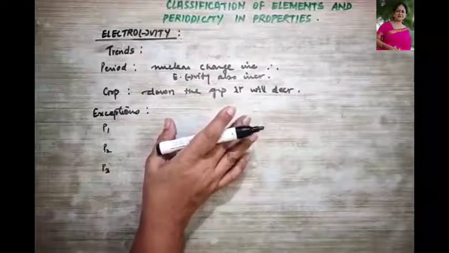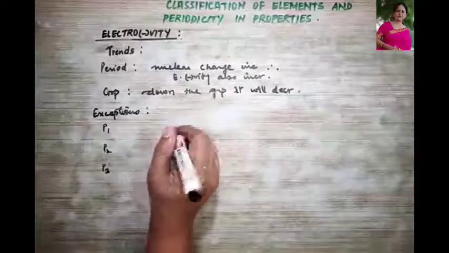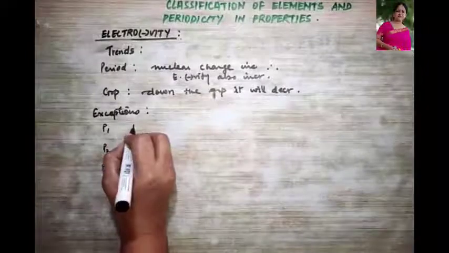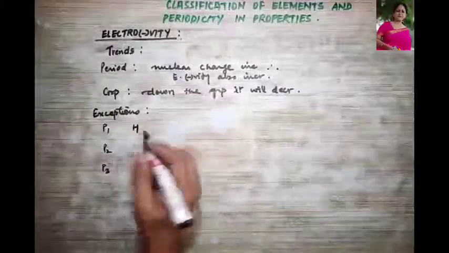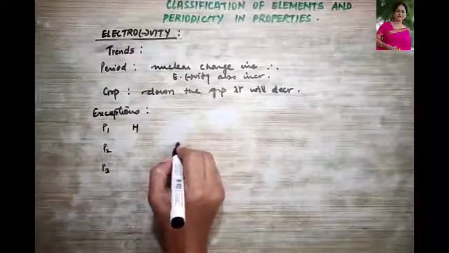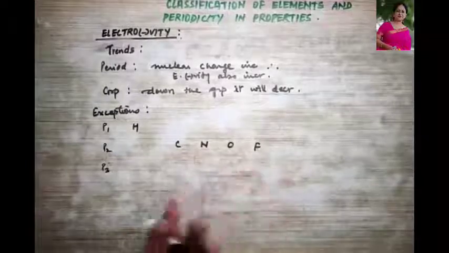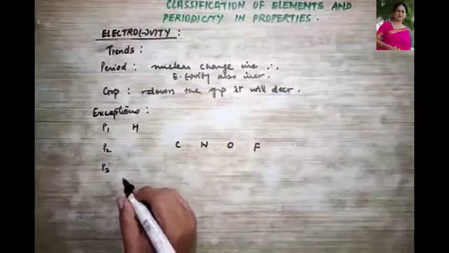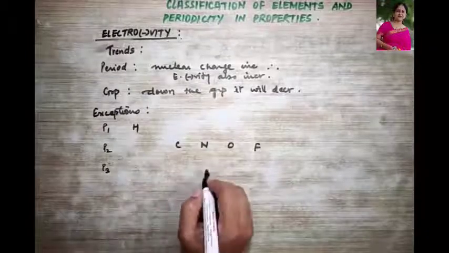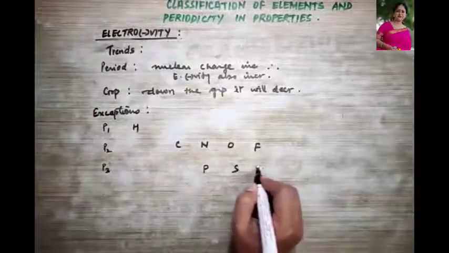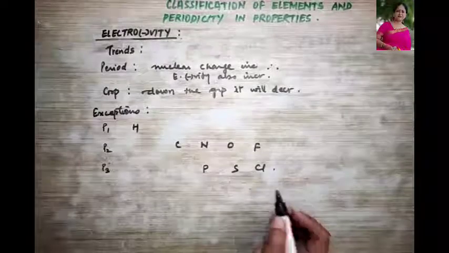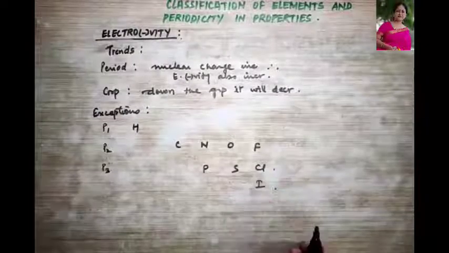So over here I am going to give you the Pauling scale first. In period 1 we have hydrogen. Then in period 2 you remember carbon, nitrogen, oxygen, fluorine. The most highlighted ones only I am telling you. For period 3 we have phosphorus, sulfur and chlorine. And then we have iodine over here.